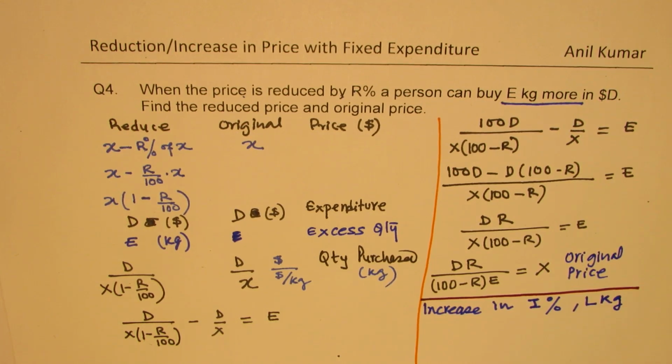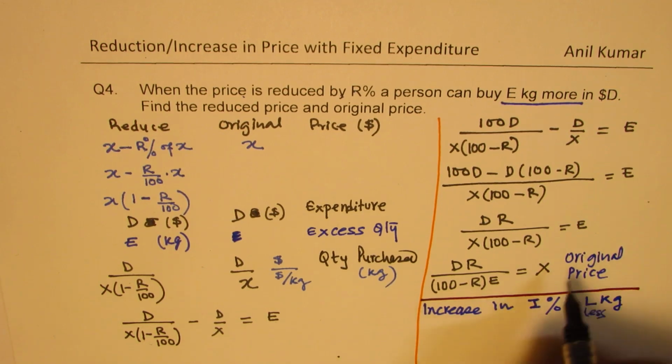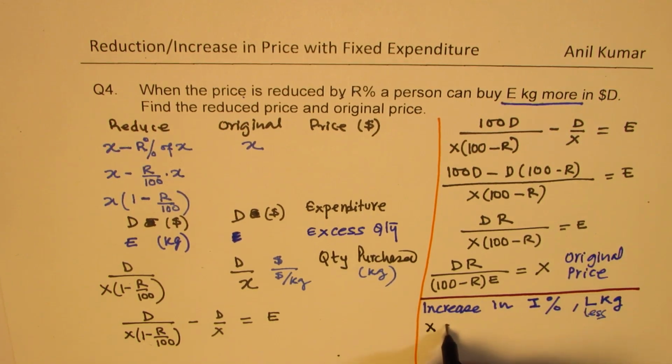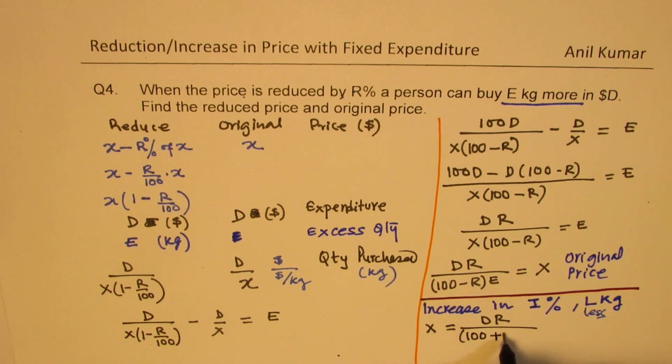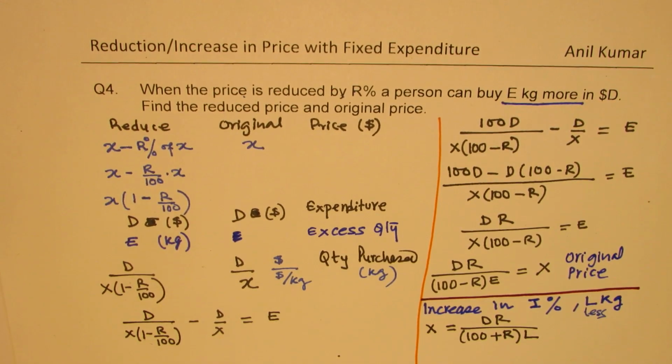So we have an increase in I percent, and this is L kg less. In that case, the original price X will be equal to, everything remains the same, the denominator, now you are paying more, so it is plus R times what less you buy. So the formula gets slightly modified, and you can use this formula to find the original price.